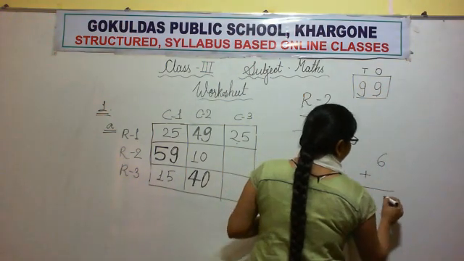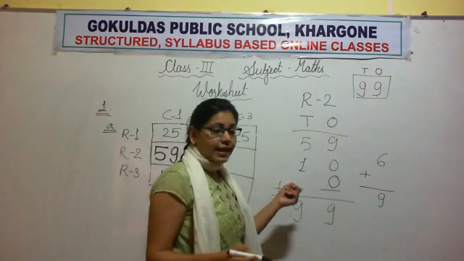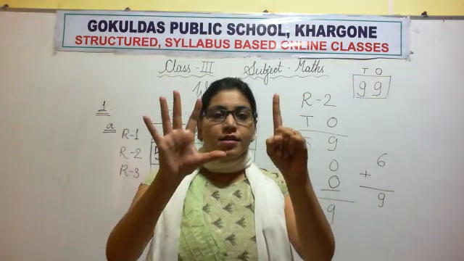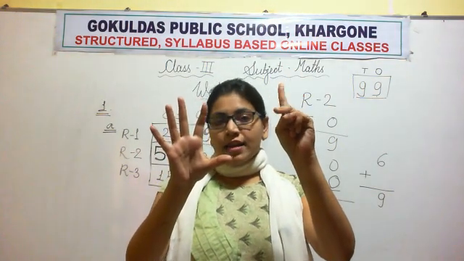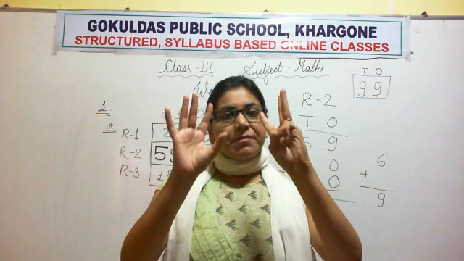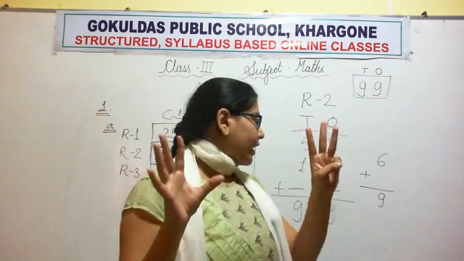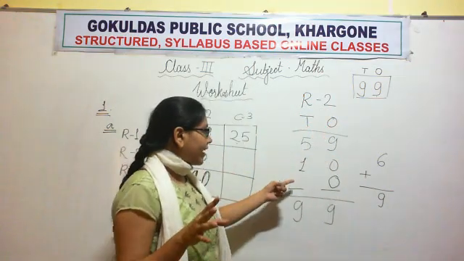6 is there. We need to make it 9. So how much we will add? 6 plus 1, 7. 7 plus 1, 8. We were adding in 6.